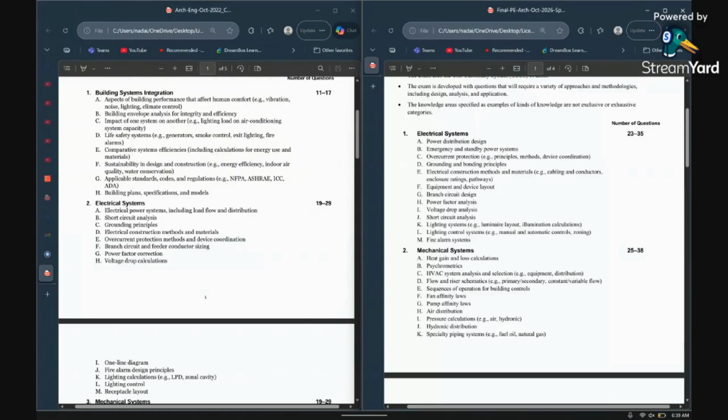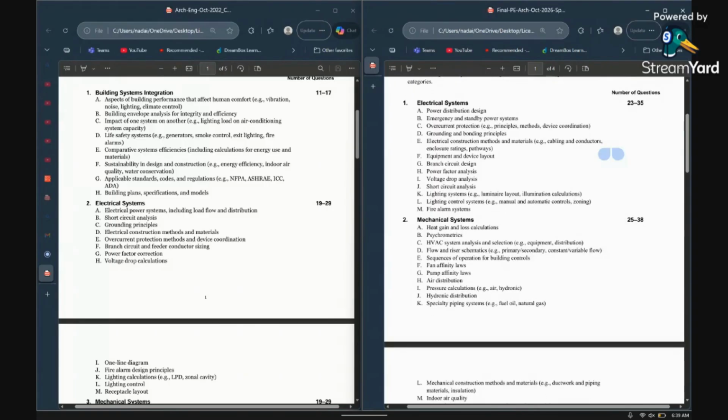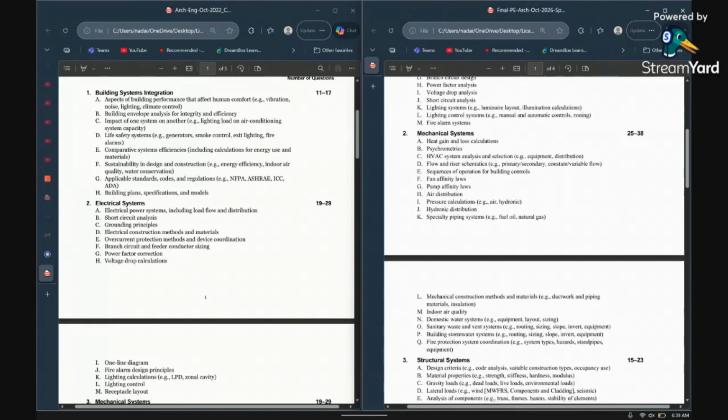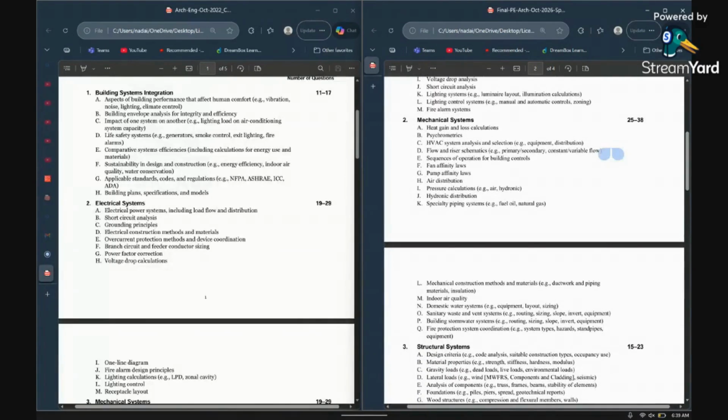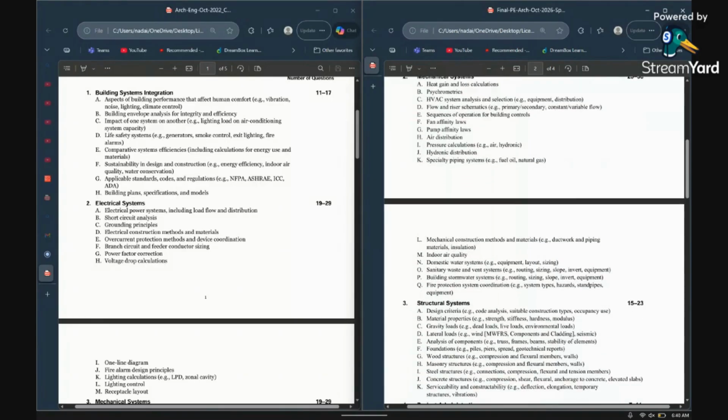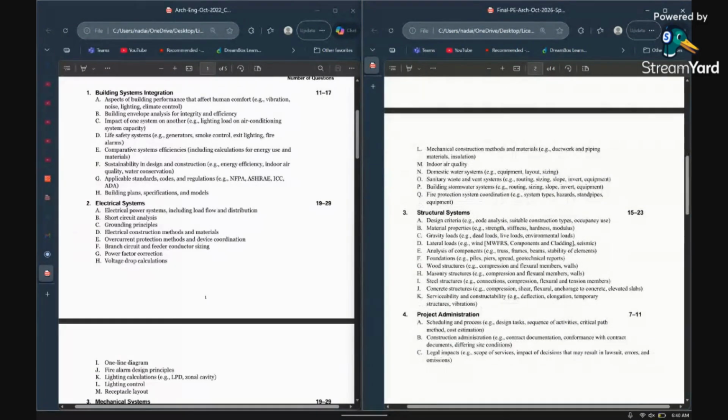I don't want to call them disciplines. Let's see if we can find one of them. Life safety systems definitely should be between electrical and mechanical systems, because things like exhaust fans in stairwells, that normally would be under building systems integration, should be somewhere in mechanical systems because it's life safety.